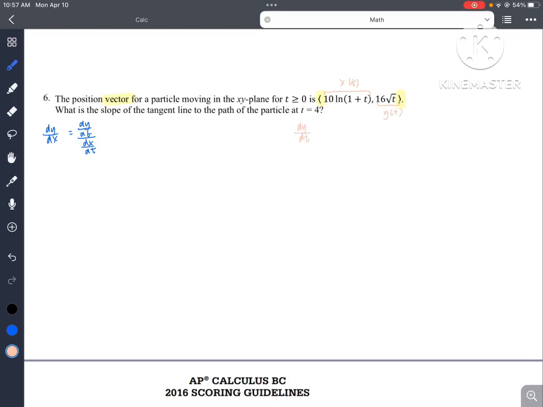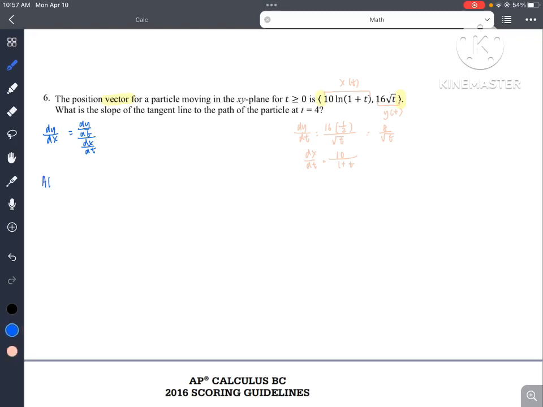So dy over dt is just 16 times 1 over 2, so 8 over square root t, and dx dt is just 10 times 1 plus t.